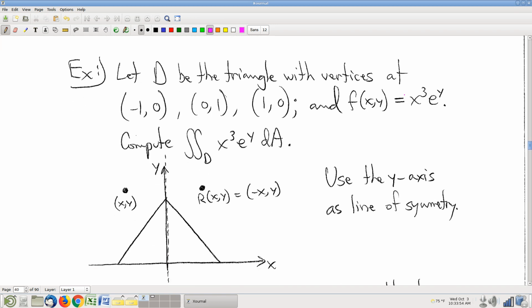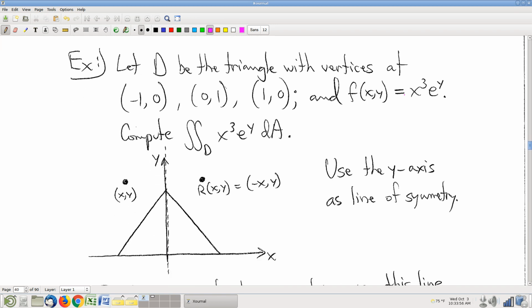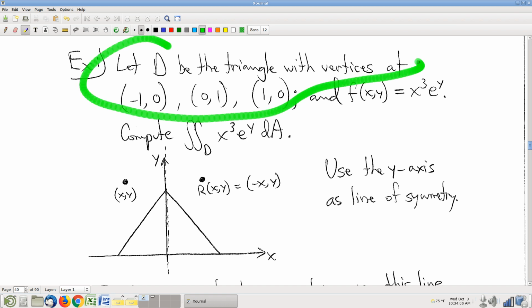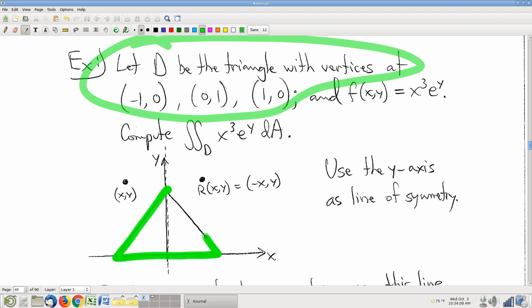This next one is going to be over the y-axis. Oh, I'm getting ahead of myself. So this domain, this triangle, we note that it is symmetric over that line. Let me quickly observe while we're at it, that's the only line over which this domain is symmetric. So this is our only option.